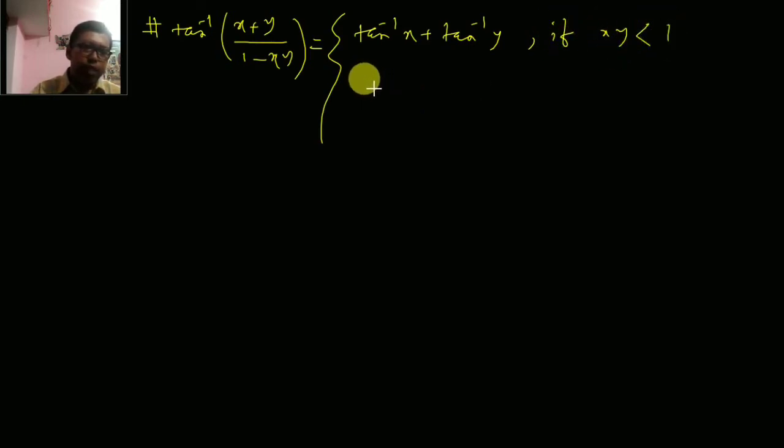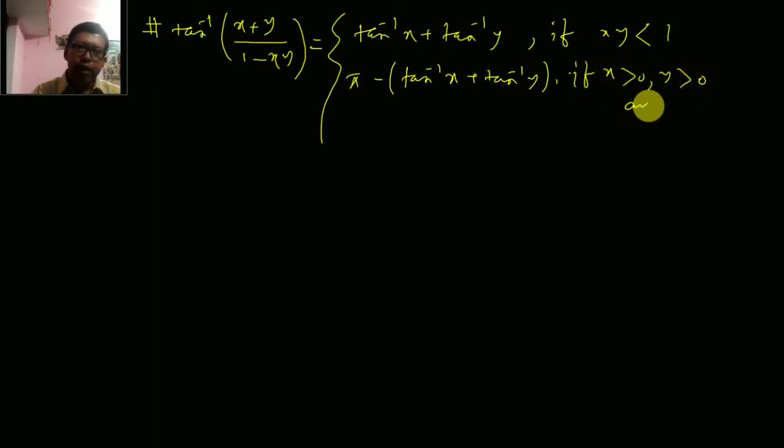There is another formula: pi minus tan inverse of x plus tan inverse of y. This is only when x is greater than 0, y is greater than 0 and xy is greater than 1. Mind it, this is very important.